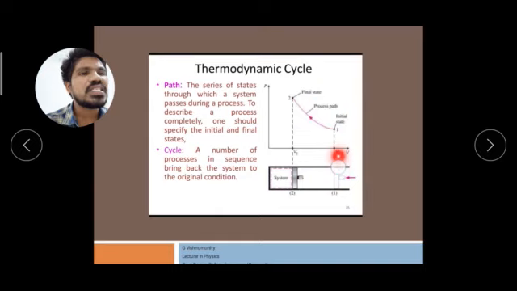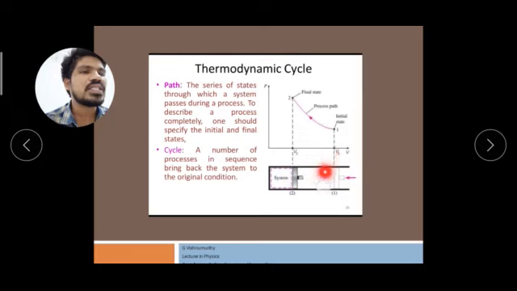Here in this figure, the volume of the system is denoted with V1, and the pressure at the initial position is denoted with P1. When we apply some external force to the piston, it goes to position two. So the volume decreases and the pressure increases.